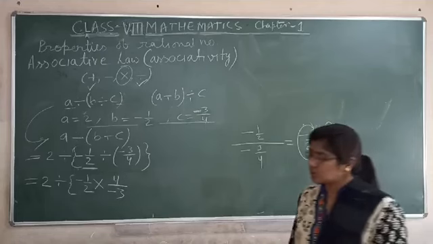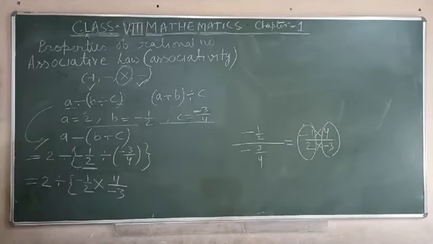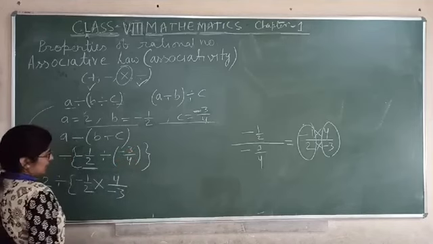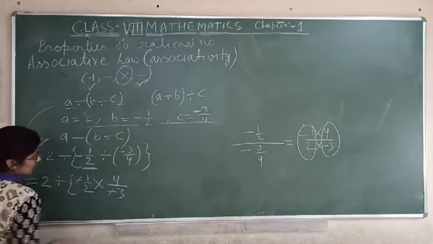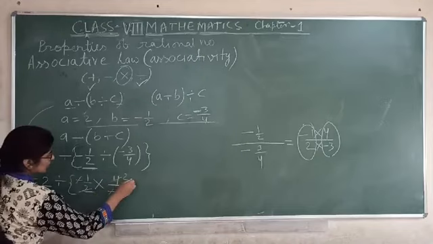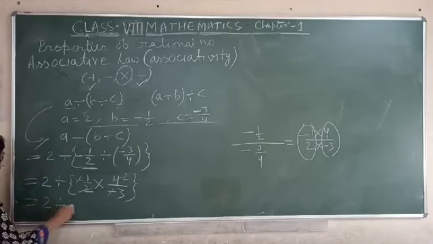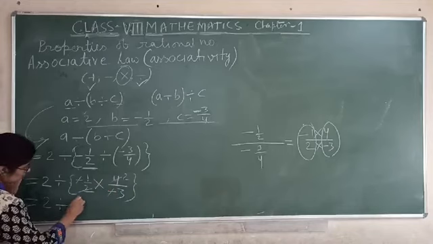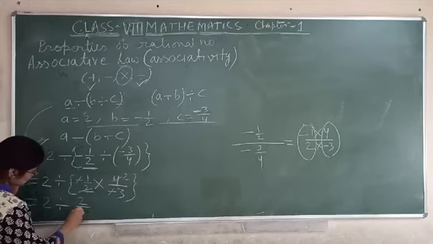Reciprocal, you know, is when we interchange numerator and denominator. If we interchange the numerator and denominator, you will get the reciprocal. Okay, minus and minus cancel out. 1 twos are 2 upon, here we have 3.